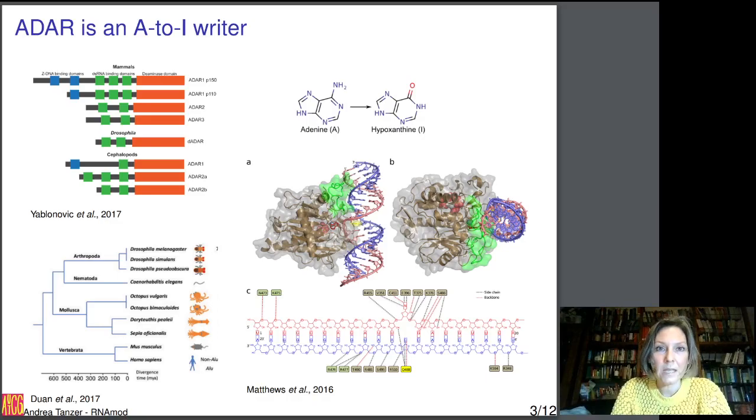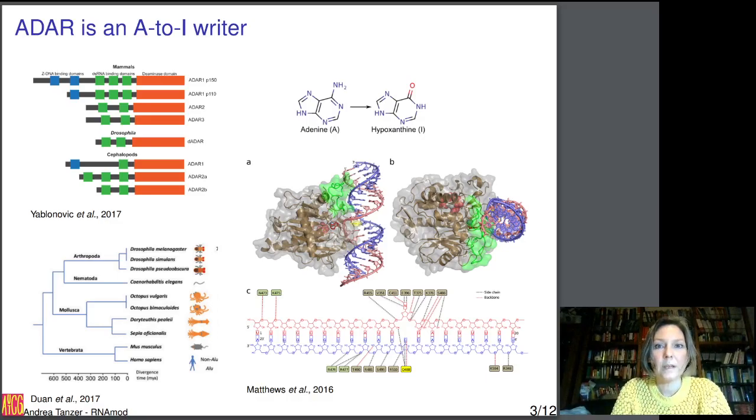In my study, I'm focusing here on a process called A to I editing. And here, adenine is deaminated, leading to hypoxanthine. So adenosine then becomes the nucleotide inosine.